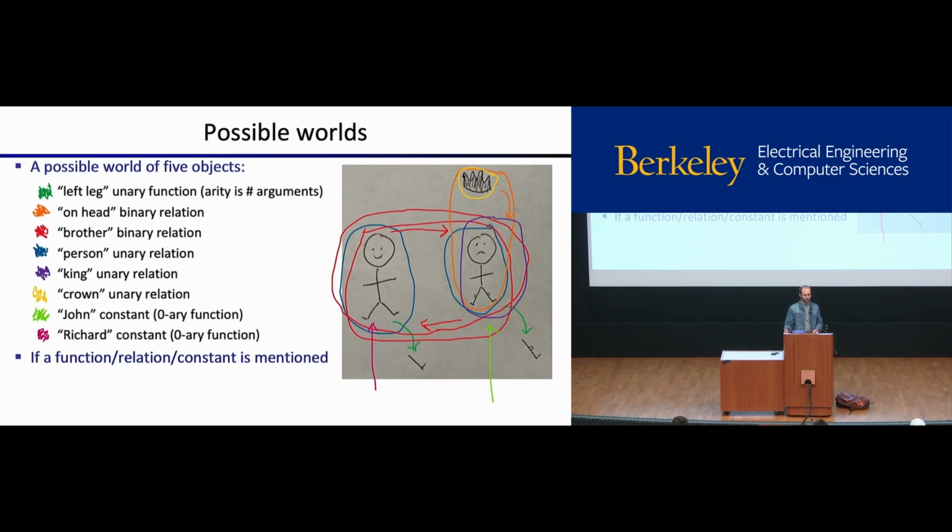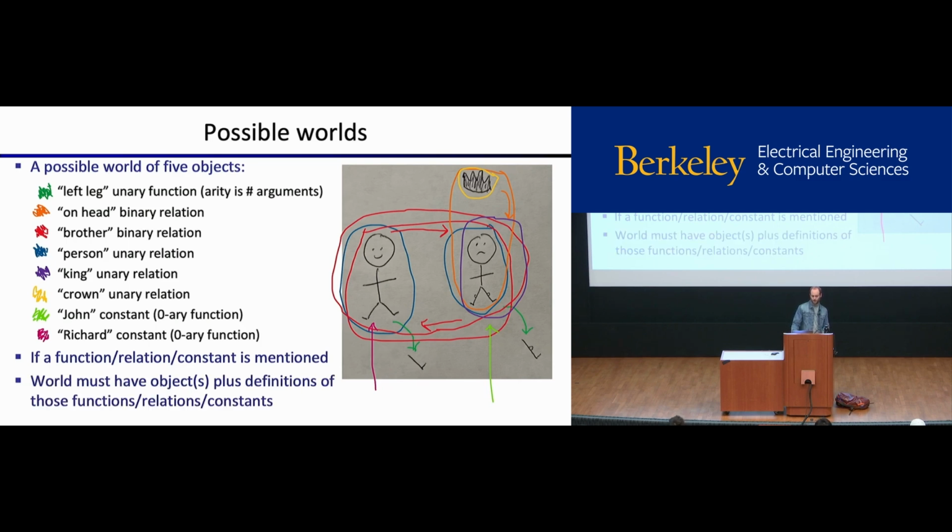So a possible world is not just about assigning values to variables. It is about enumerating the objects and defining the behavior of functions and relations on those objects. Oops, I didn't finish the sentence. If a function, relation, or constant is mentioned, then the world must have objects, and it must have definitions of those functions, relations, and constants.